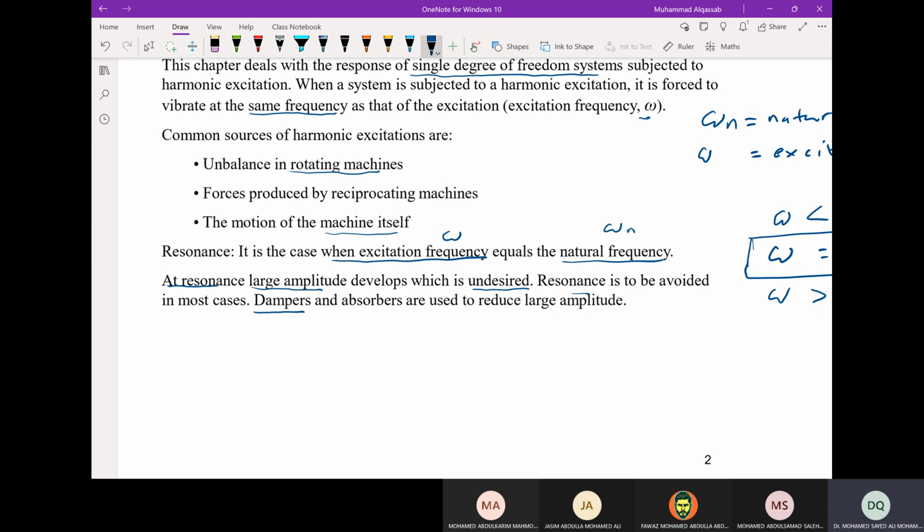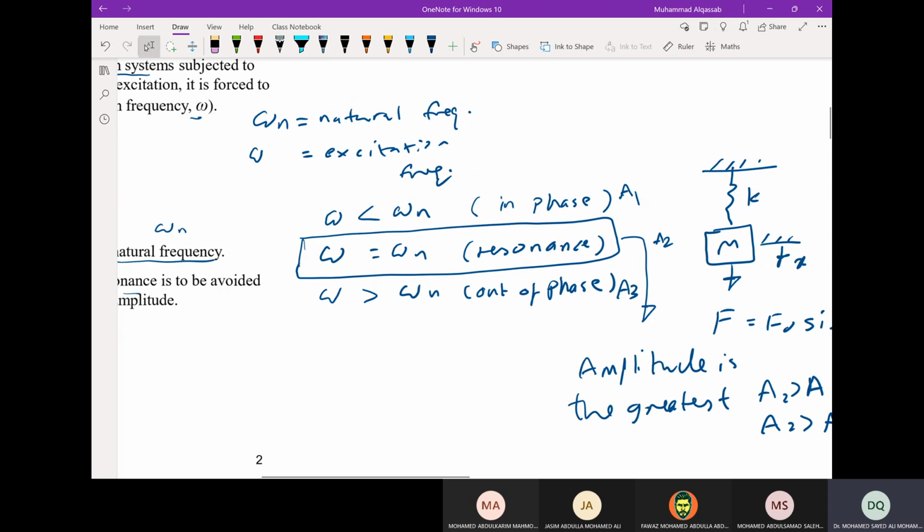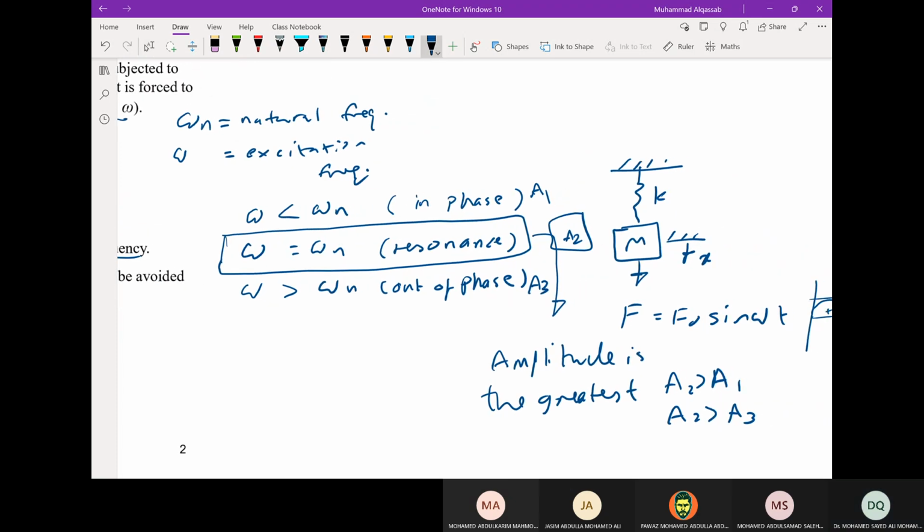So here it is the same. It will absorb energy and reduce the amplitude A2, as I called it here. It will not decrease with time, but the overall amplitude will be smaller than if there is no damper.